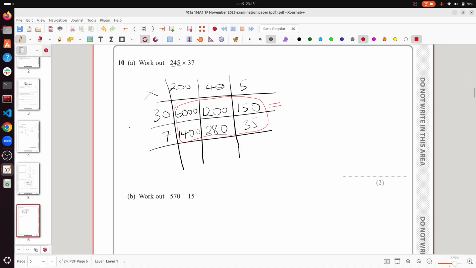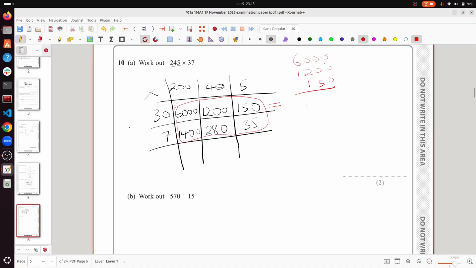So this, I'm going to add them separately. 6,000 plus 1,200 plus 150. Be very careful. Cross-check that what you have written is coming from the grid so that you don't make mistakes, because sometimes students make mistakes with how they write their numbers, but that makes you lose a mark. You lose a mark.